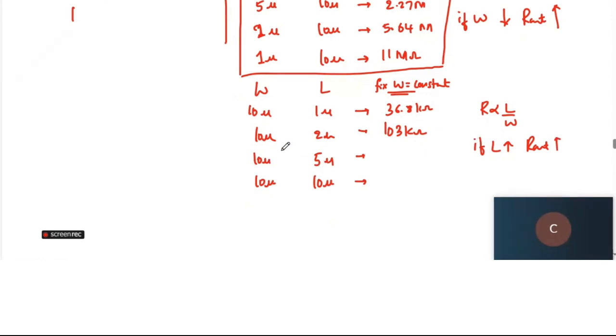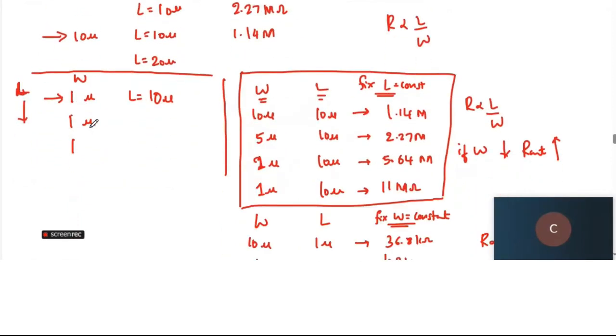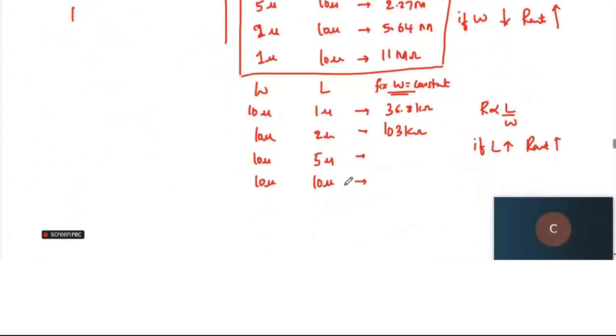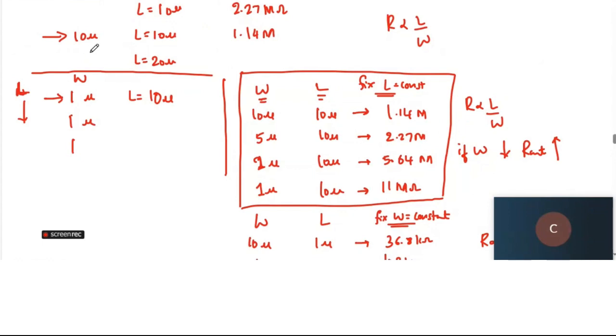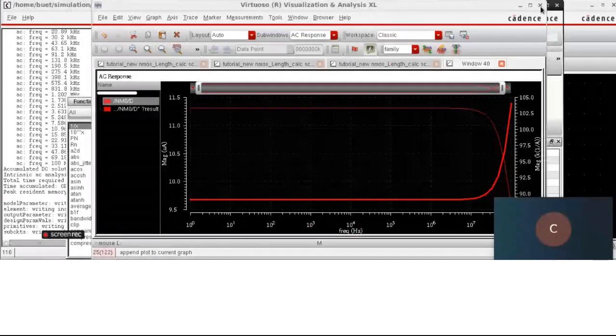So I think W is 10, L is 5. We might have done over here. W is 10, we have not done that. Okay. 10 and 10 we have done. Both 10 and 10, 1.14 mega, that we can mention over here. W is 10, L is 5. Let's try to do it one last time.